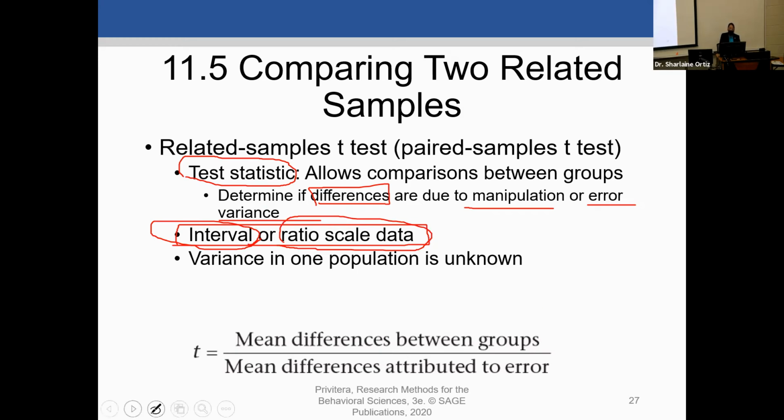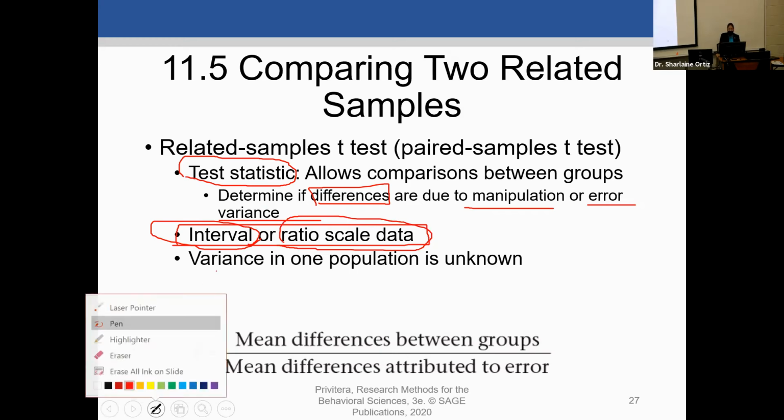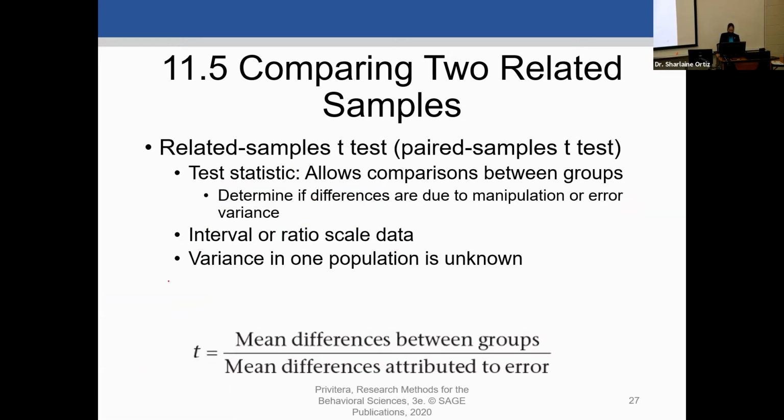That would be one of the first aspects to consider. Another aspect is that the variance in the population is unknown. Any questions so far?